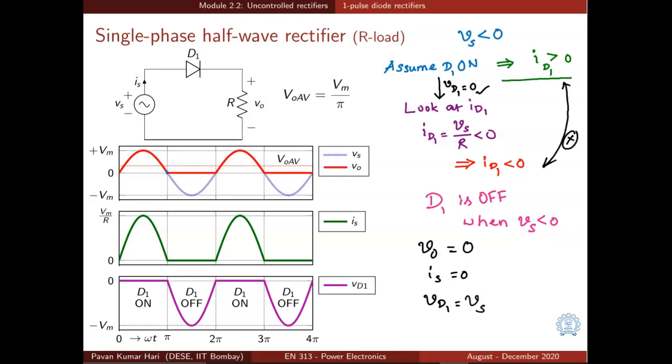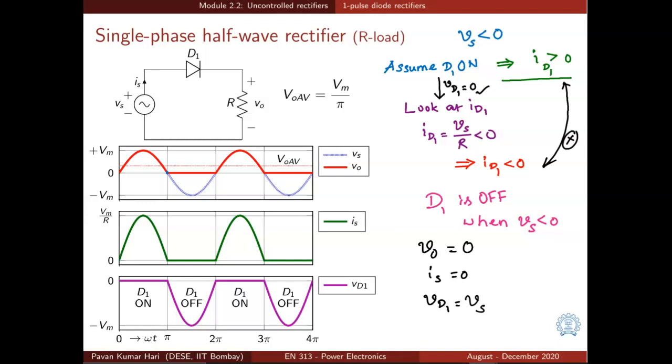So the maximum voltage that needs to be blocked by the diode is Vm, and this is repetitive. It repeats in every line cycle, or if the frequency of input AC voltage is 50 Hz, this maximum voltage appears across the diode every 20 millisecond interval.